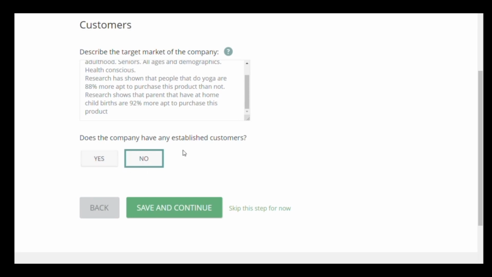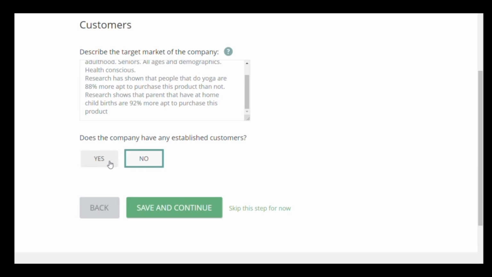So definitely, if you have established customers, you want to put that information in here because it is important. It shows that you are already generating revenue, that you are solid, and that your clients, maybe they're repeat clients, so you can put something in there about them being a repeat client.